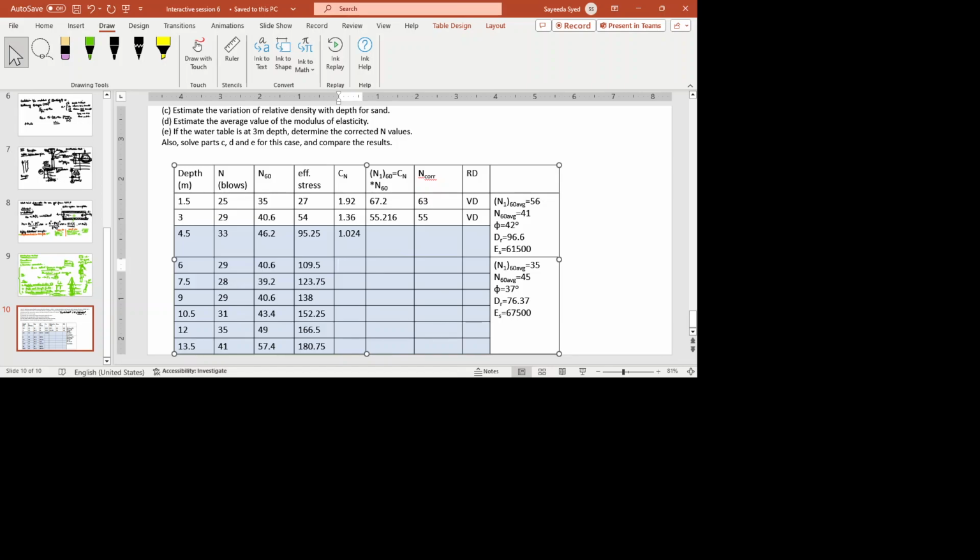This will be 0.96. This will be 0.898, so it will be 0.9 actually. This will be 0.85.